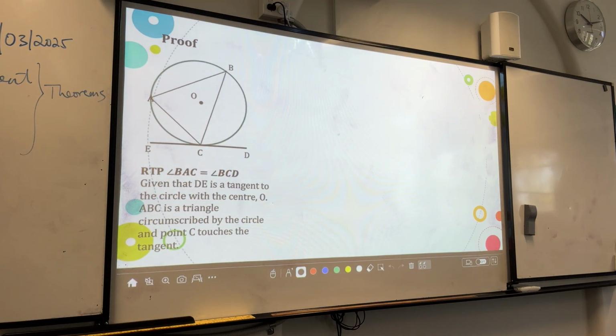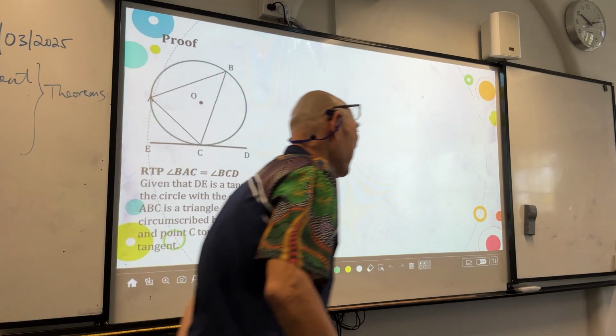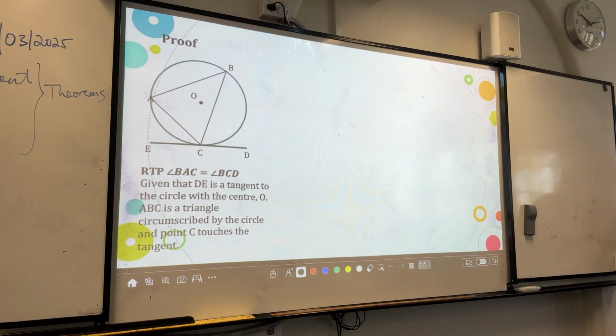Anyone want to venture a guess? What do you start off with? Yes, John? You construct lines OC and OB. Very good. So construct OB and OC, and let angle BAC equal theta. Instead of writing angle BAC again and again, I just assign it one symbol, whether theta, alpha or gamma, whatever you want to call it.